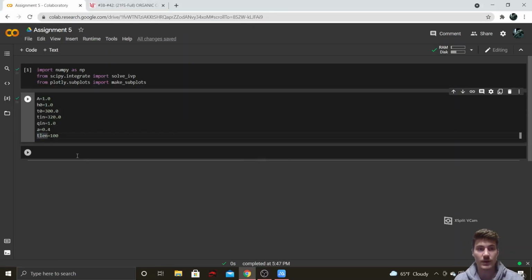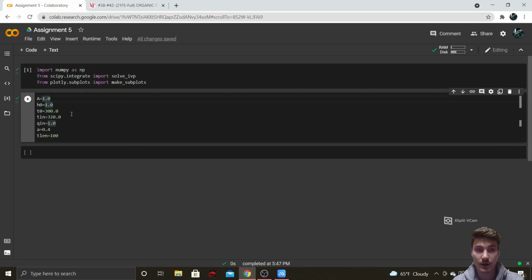Okay, so now we are in the code part of this, and I just took the time so we didn't have to spend it. I imported numerical Python. I also imported solve initial value problem from SciPy, and then I also imported the subplot because we're going to want to make a plot of this. And then these are all of our initial values.